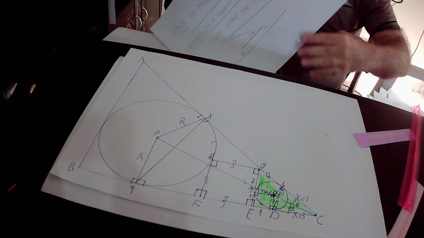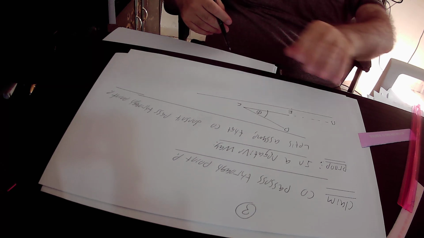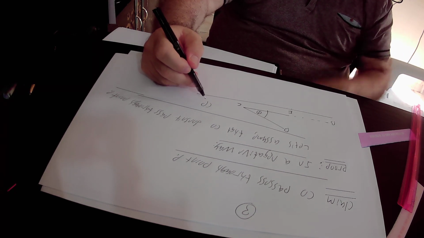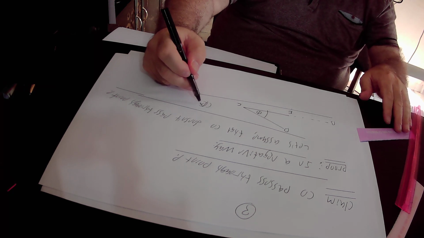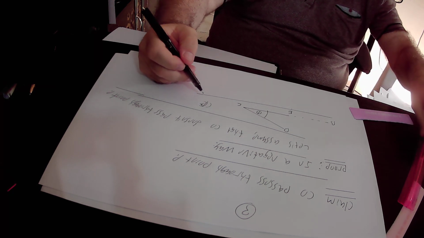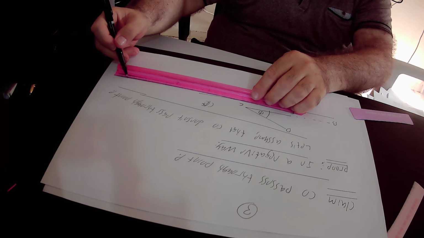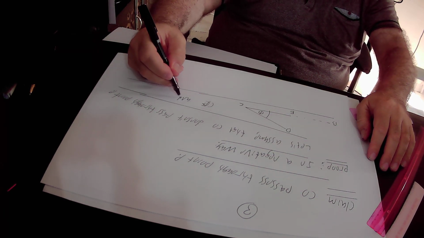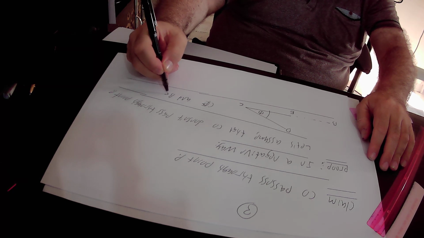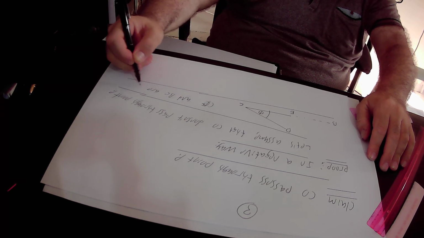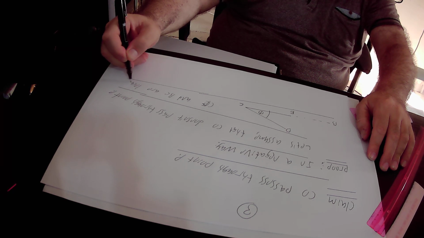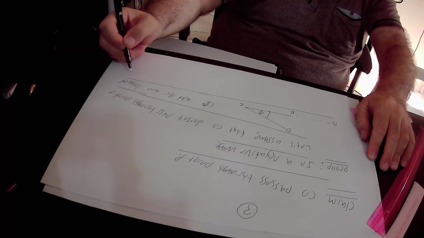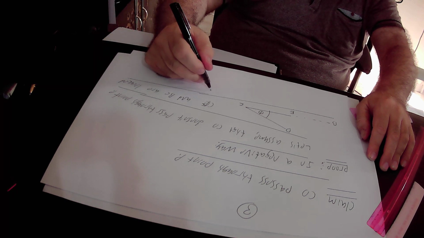That is to say, leg CE and BC are located on the same straight line.